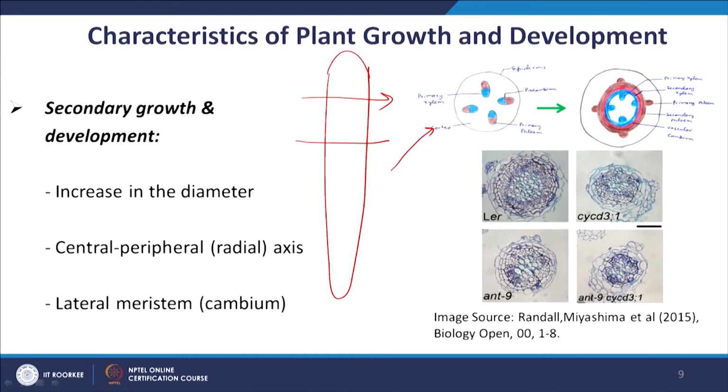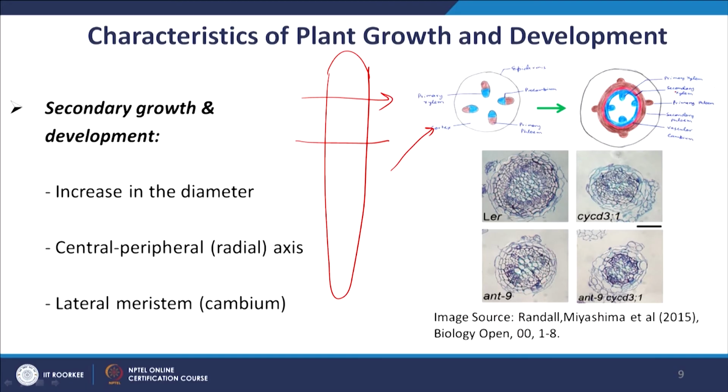Then these procambium cells, which are actually lateral meristem, get activated, and once activated, they start making a kind of ring like this, and then they start producing secondary phloem and secondary xylem. These secondary phloem and secondary xylem are radial in nature, and they are responsible for thickening of the stem. So, this process is absolutely important.